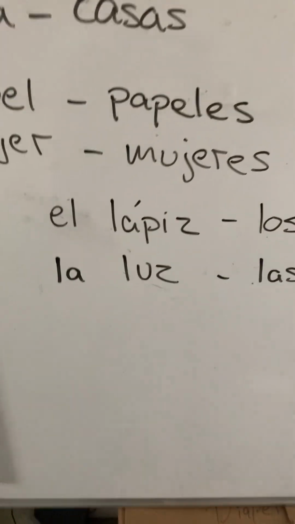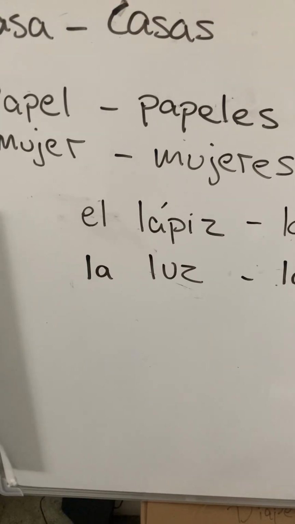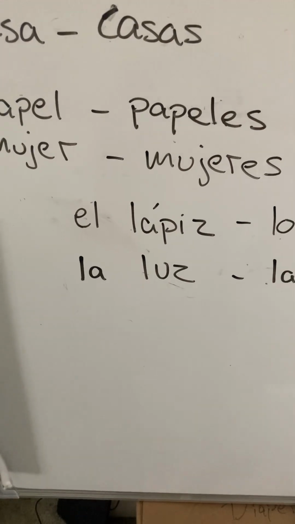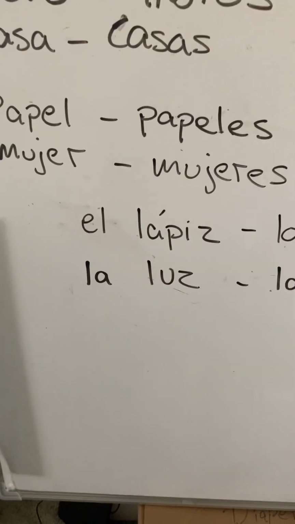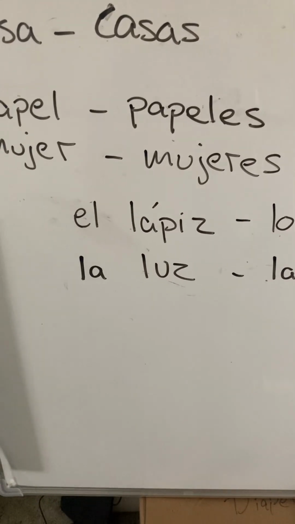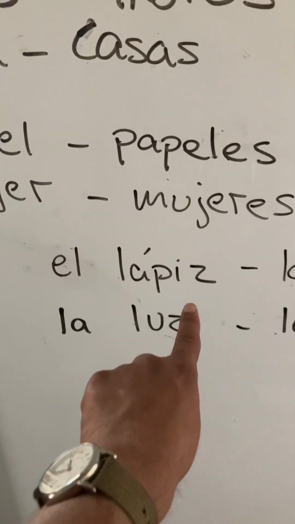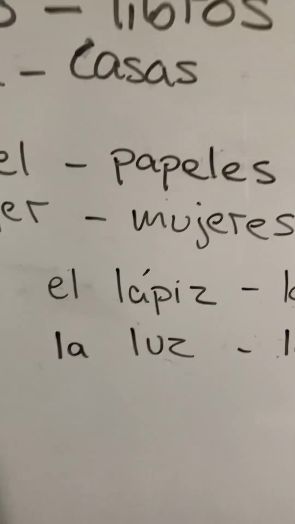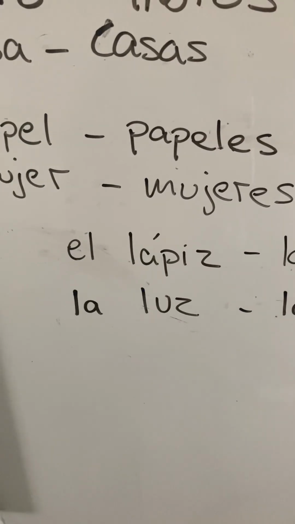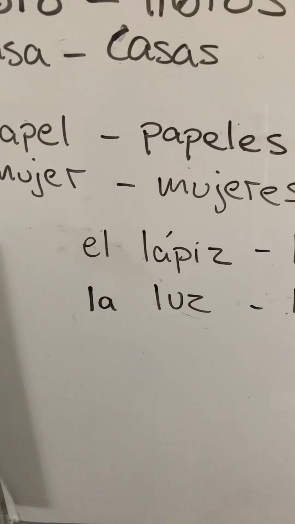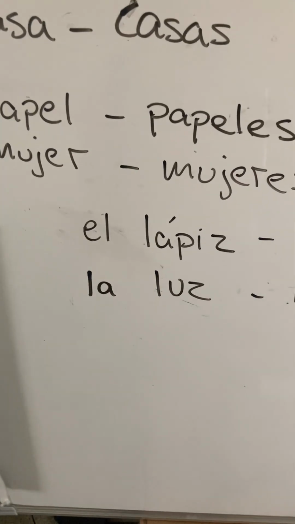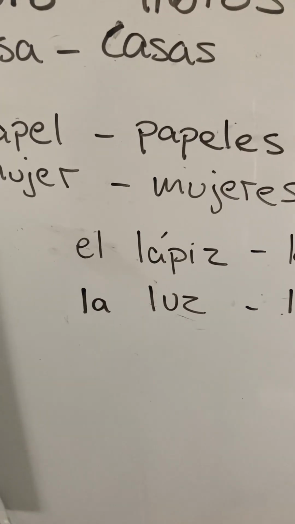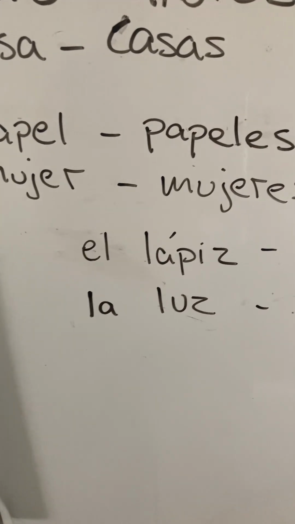Finally, we do have one odd thing in Spanish, and it has to do with spelling, and it only deals with nouns that end in the letter Z. All nouns that end in the letter Z go through a slight spelling change when you make them plural. So, el lápiz, the pencil, la luz, the light.